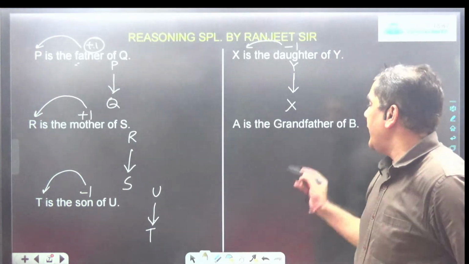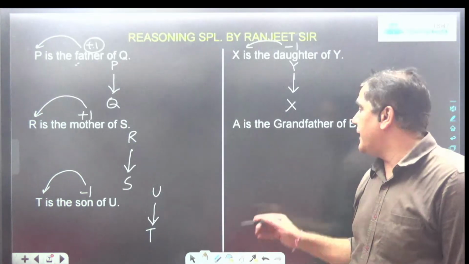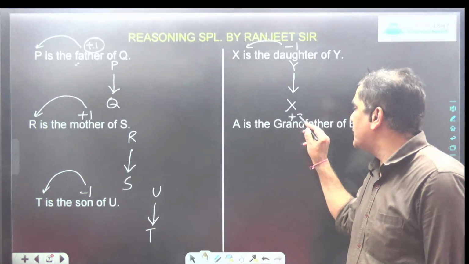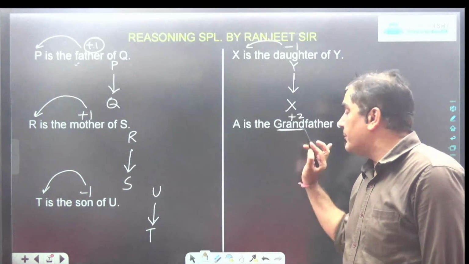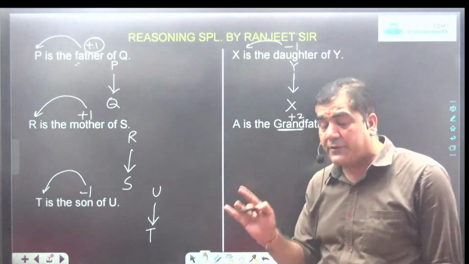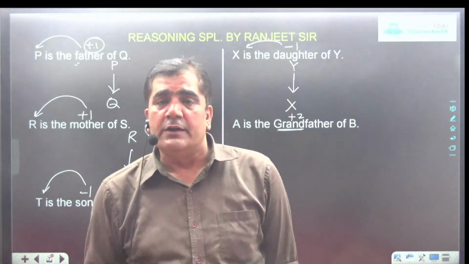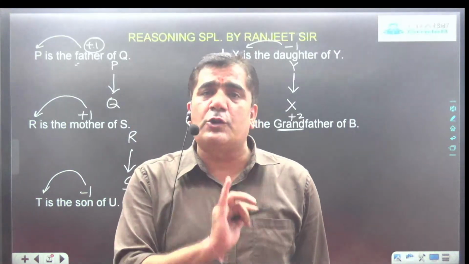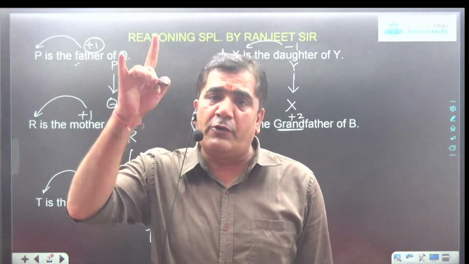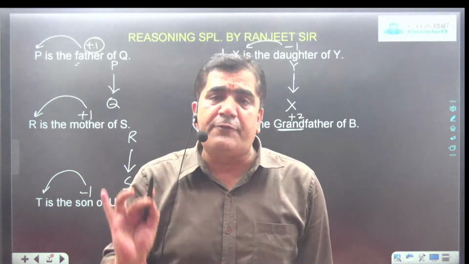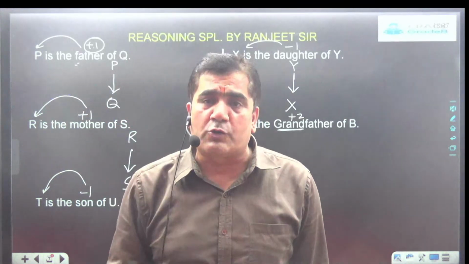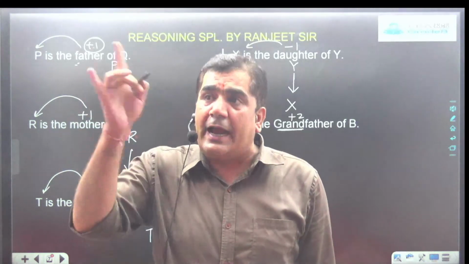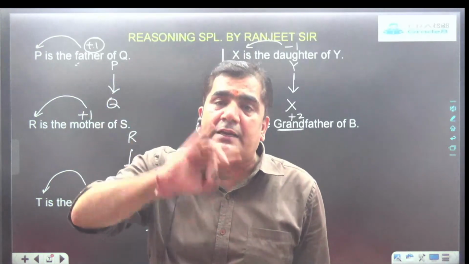Next one. A is the grandfather of B. Grandfather means +2. Always remember, whenever the word grand comes, grand always stands for a difference of 2 generations. For grandfather or grandmother we take +2, and for grandson, grandchildren, we take -2.